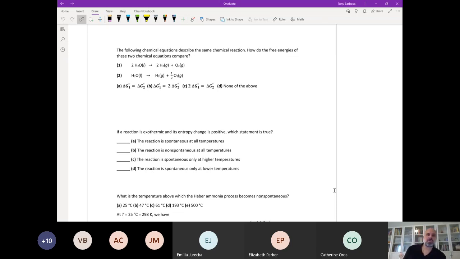What their question is asking is: is the free energy of the first equation equal to the free energy of the second? Free energy of the first equal to twice the free energy of the second? Free energy of the first two times the free energy of the second? Or none of the above?